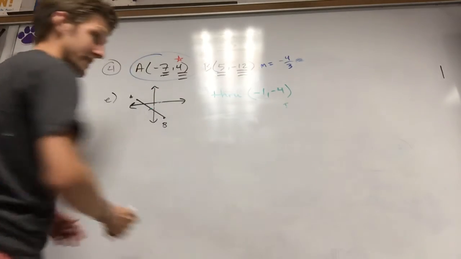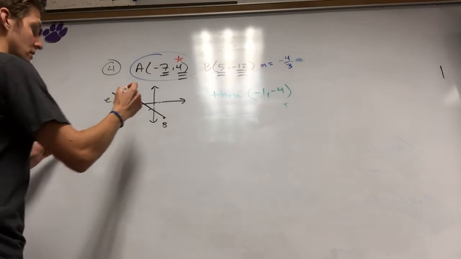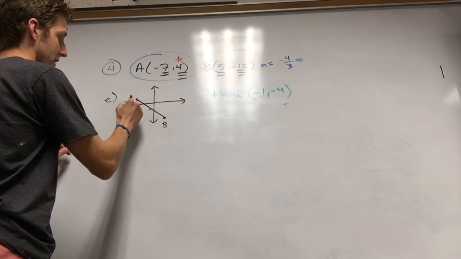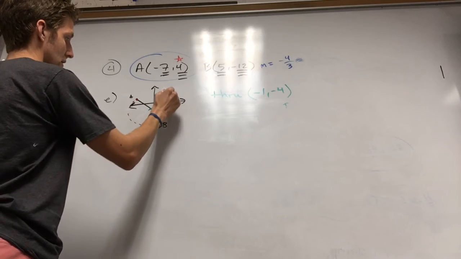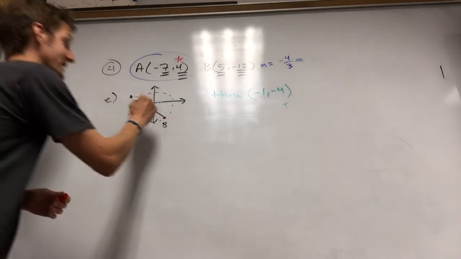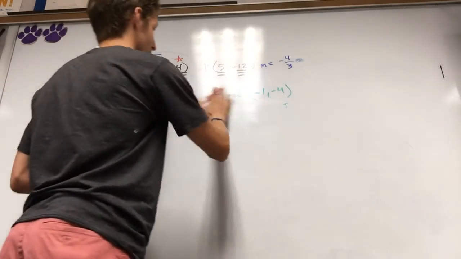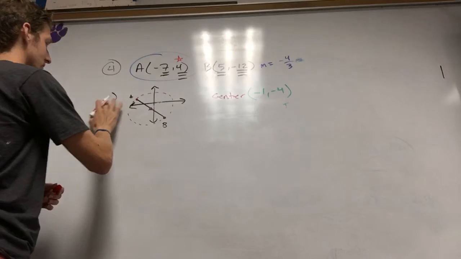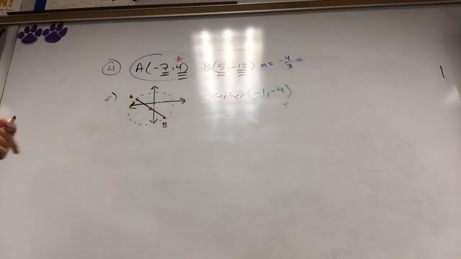So now I have a circle that goes through, so AB is a diameter. So what do we got here? Okay, so a circle roughly like that. So here's my center. My center in this part F here would be -1, -4.